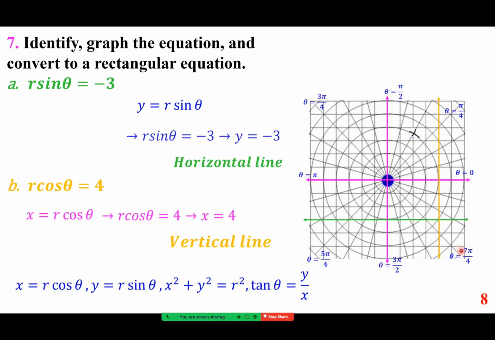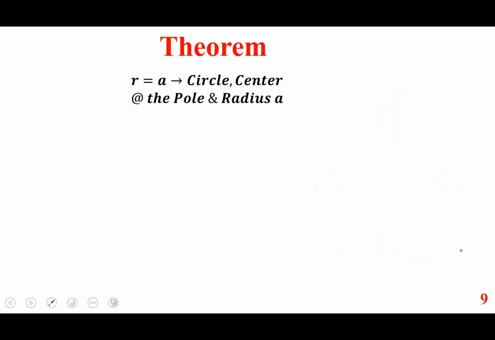So here's the theorem. Quickly, we're going to cover it. When r is a number, we have a circle centered at the pole or the origin with the radius a.